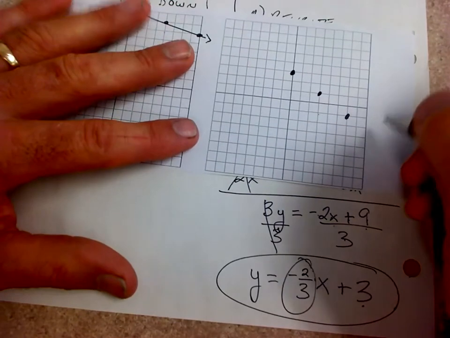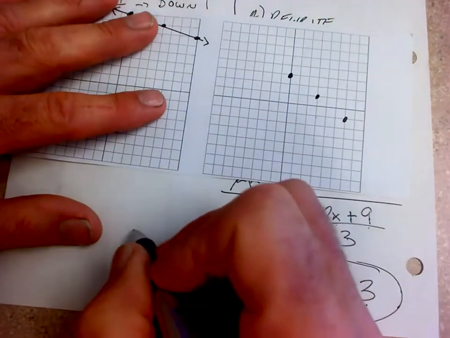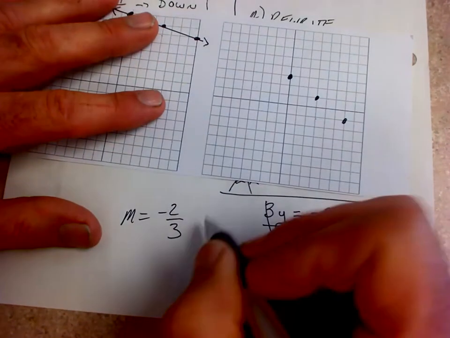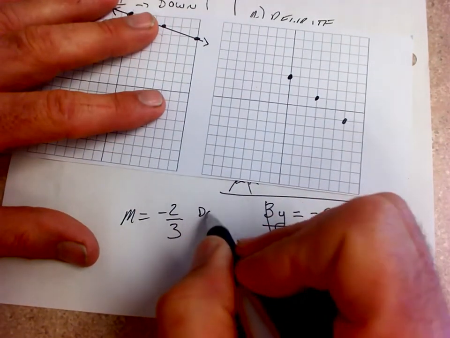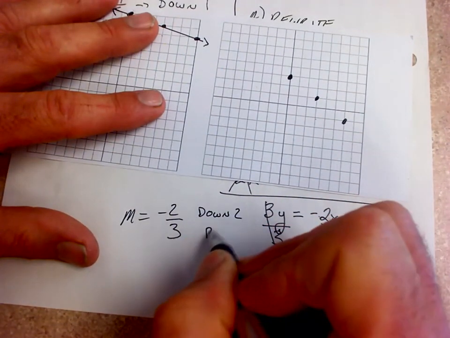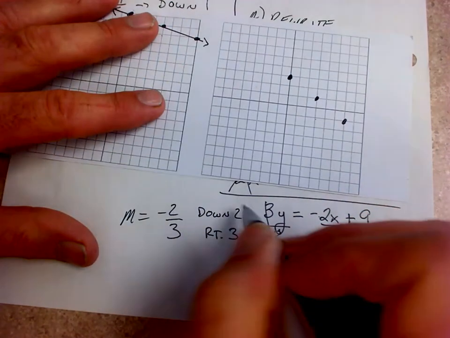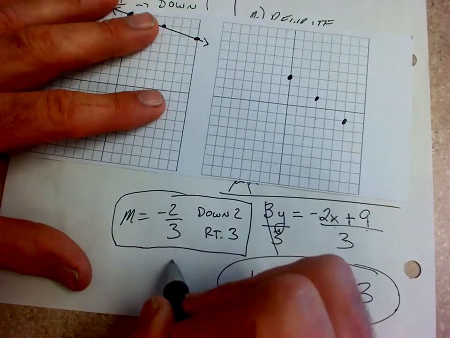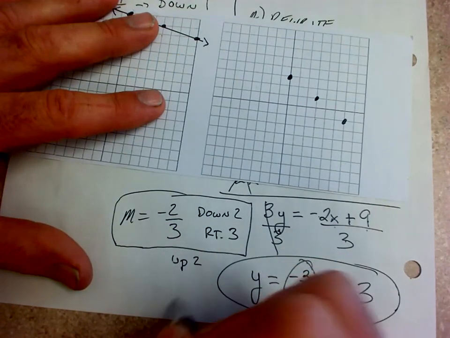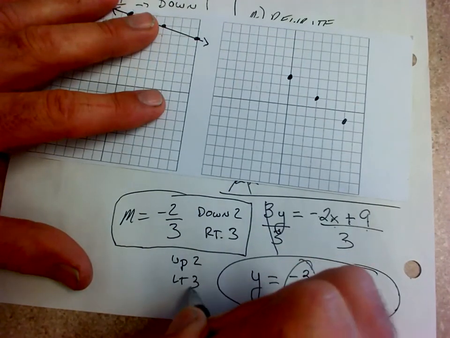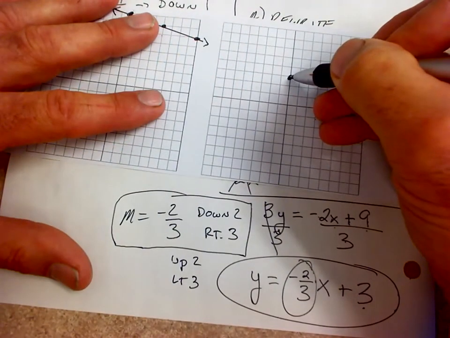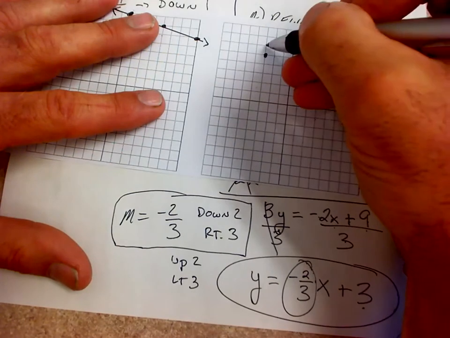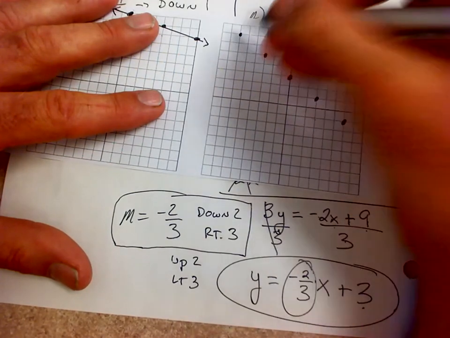Also remember, when we have our slope equal to negative 2/3, that translates to down 2, right 3. We can also do the exact opposite. Instead of going down 2, we can go up 2 and left 3. Up 2, left 3.